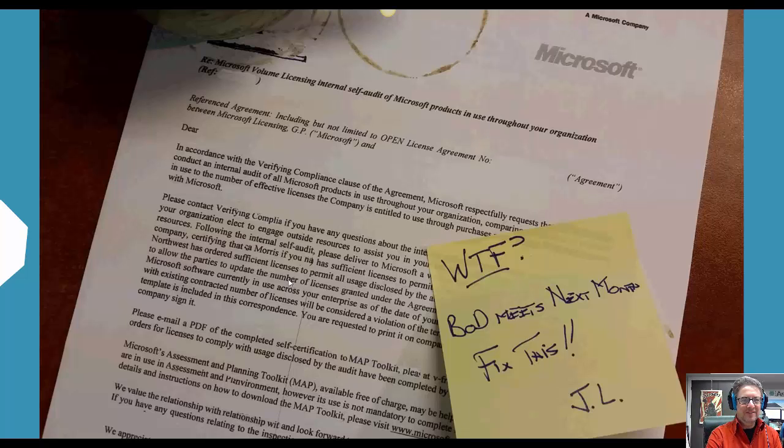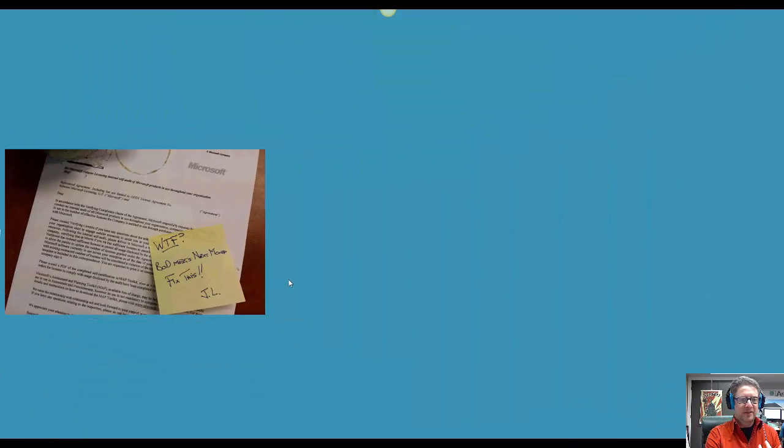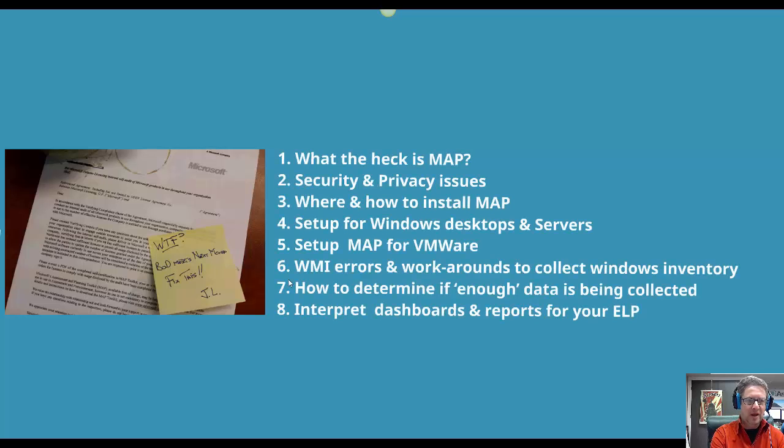So what is this MAP tool? That's what we're going to discover in this video. We're going to go over the points listed here to help you understand where and how to use MAP. We're going to talk about the security and privacy issues, and where and how to use MAP. How to set up MAP for Windows desktops and servers, which is different from setting up MAP for VMware, and that's a very important distinction.